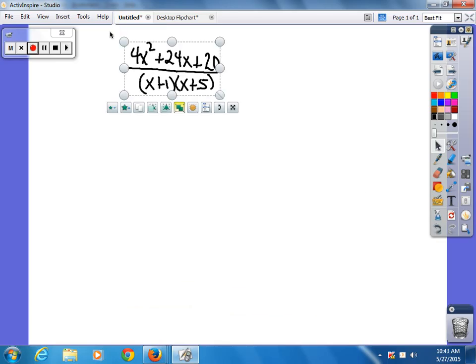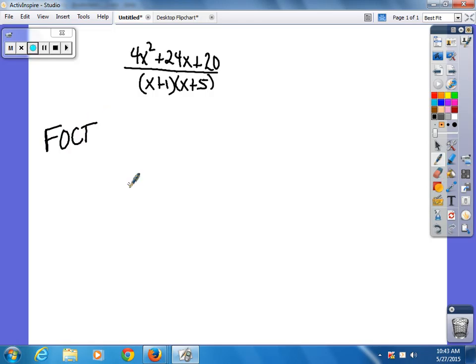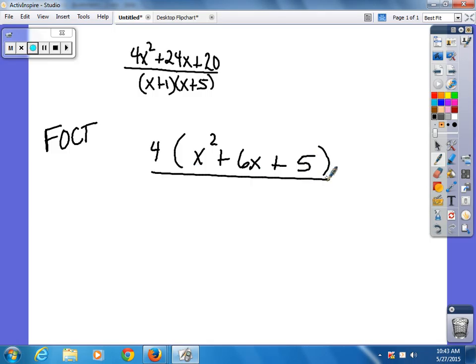Now what up top can I do? Factor out a common term. So that'd be 4, and that'd be x squared plus 6x plus 5. That looks like you can factor that. X plus 1, x plus 5. Looks like what happens to these two?